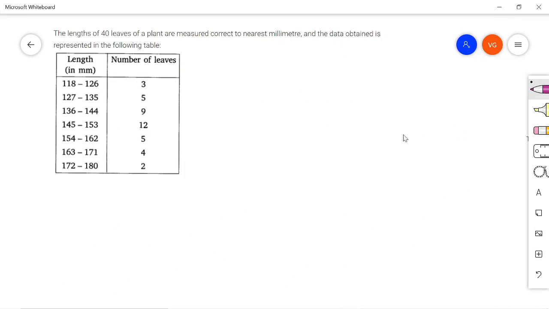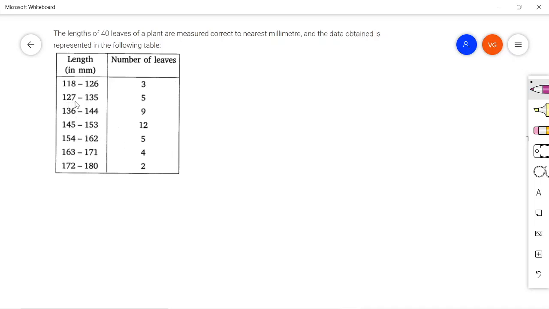The next question is like this. The lengths of 40 leaves of a plant are measured correct to the nearest millimeter and the data obtained is represented as follows. Find the median length of the leaves. If you observe the given data here, the class interval is like this, 118 to 126.